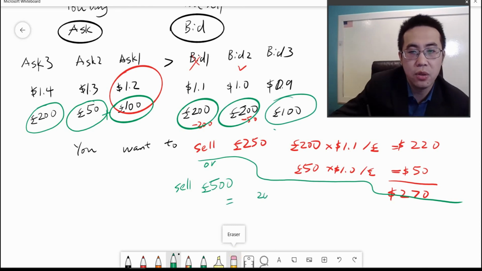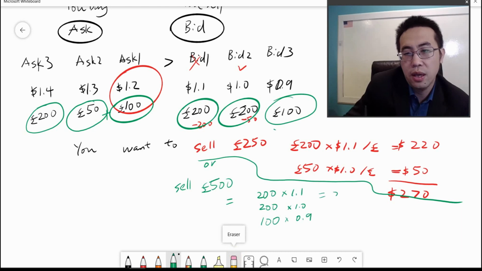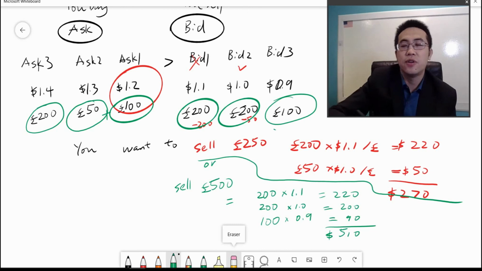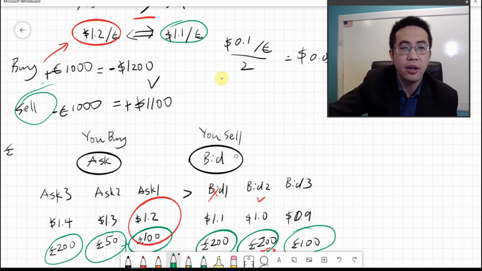So that will be 200 pounds times 1.1 from the first banker, and then 200 pounds times 1.0 from the second banker, and then 100 times 0.9 from the third banker. So you will do the math here. $510 you would get.